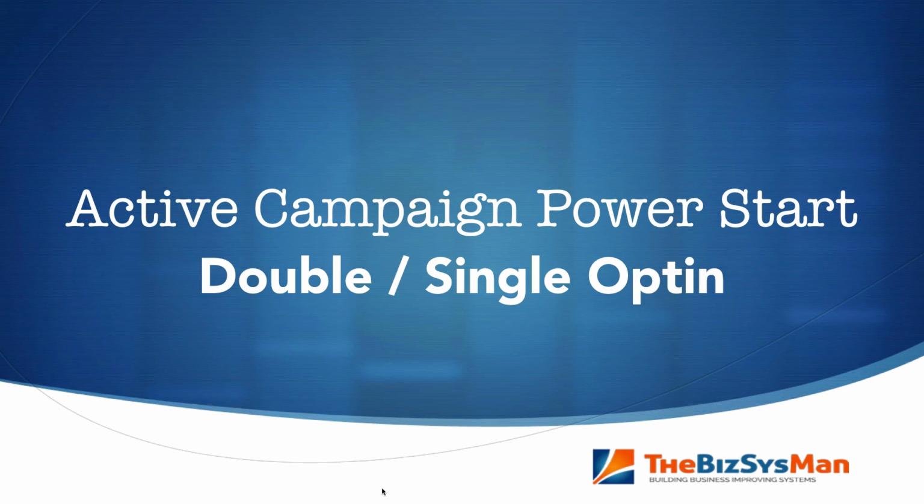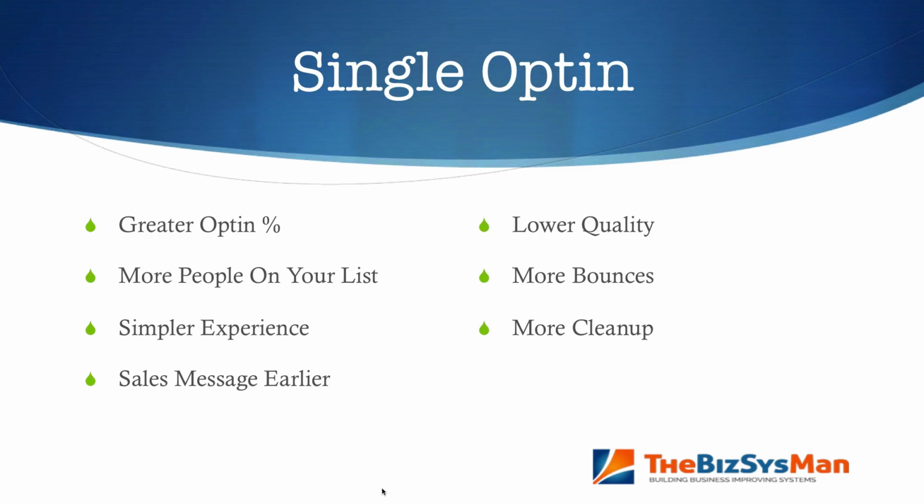Because I'm sure you probably double opted in for things several years ago that are now no longer relevant to you, which you don't open and you may even consider to be spam, but you did actually double opt into it. So it isn't a foolproof way of measuring whether somebody's spamming or not. So single opt-in.